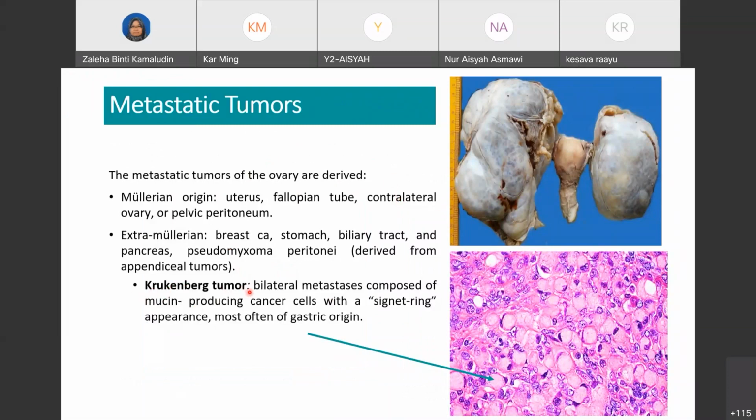Actually the tumor is from the stomach, but the patient presented with an ovarian mass. Then when we do the sectioning and look under the microscope, we see that this tumor did not originate from the ovary. Subsequently, when we screen the patient, we do the endoscopy and take a biopsy from the stomach. Actually, the primary tumor is the stomach, not the ovary.